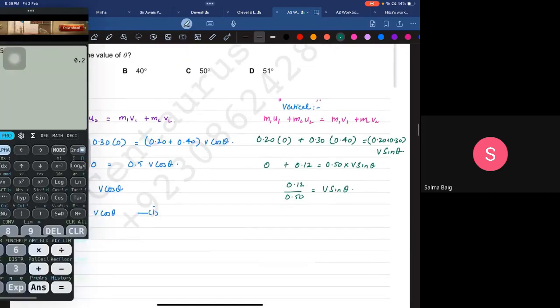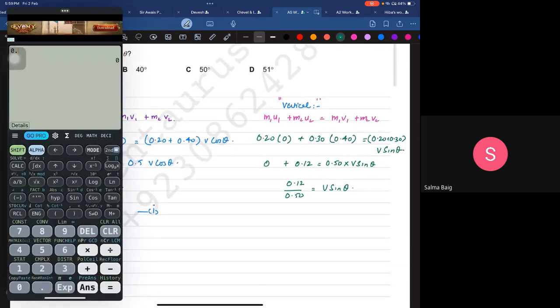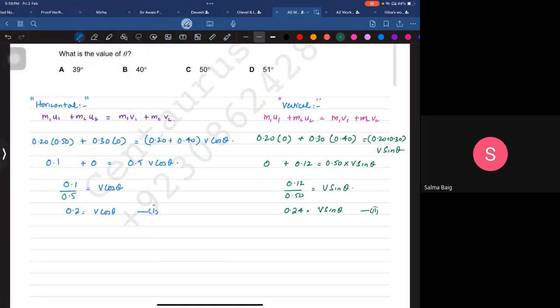So let's check it out now. This will be 0.24 equals V sine theta. This is our second equation. All right. Now that we have found the two equations, there are two things that we need.